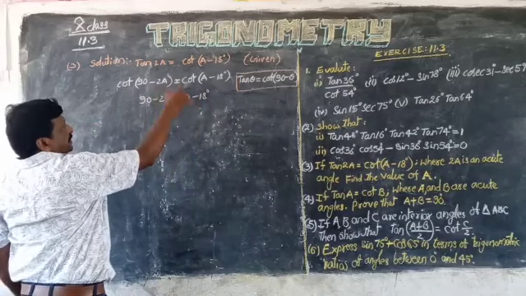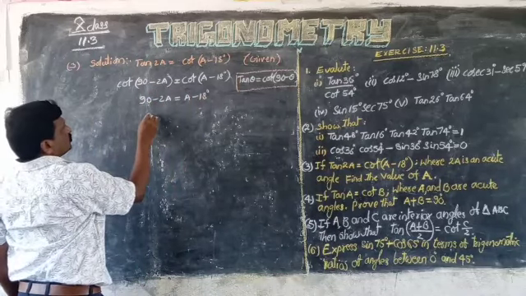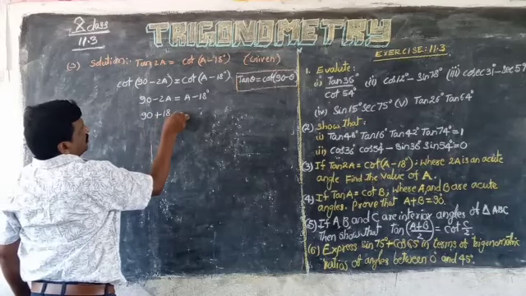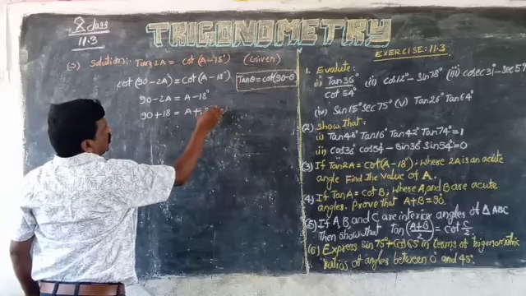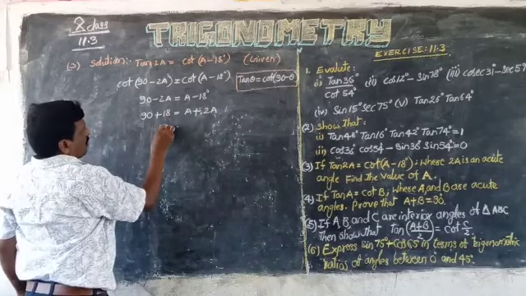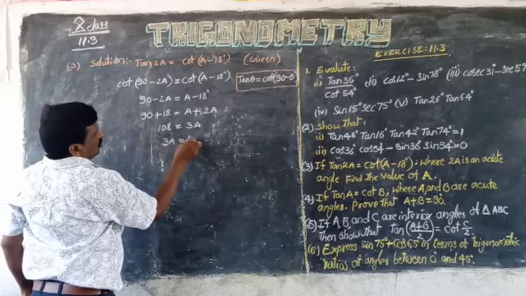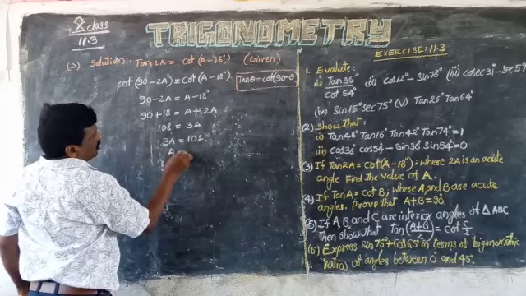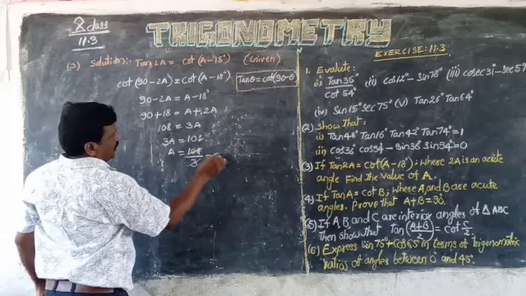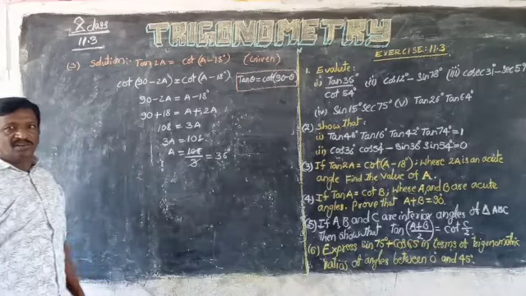Remove cot from both sides: 90 minus 2A is equal to A minus 18. So 90 plus 18 is equal to A plus 2A, 108 is equal to 3A. So A is equal to 108 by 3, which is 36. So the value of A is 36.